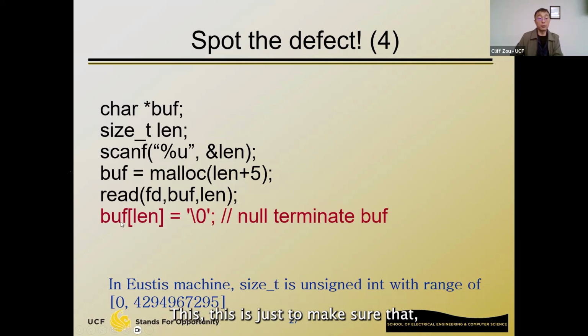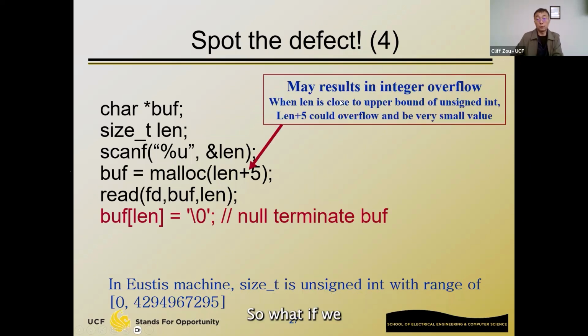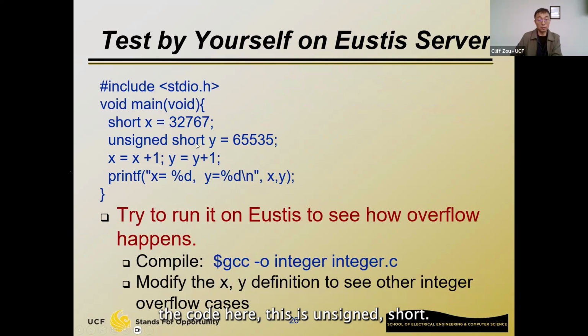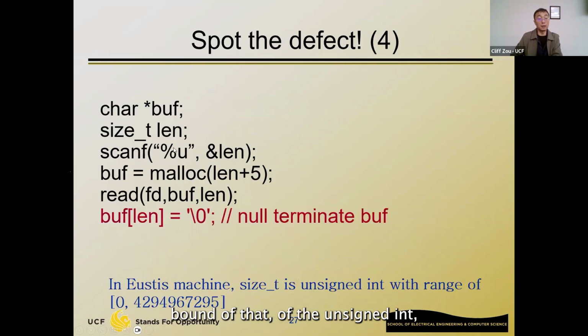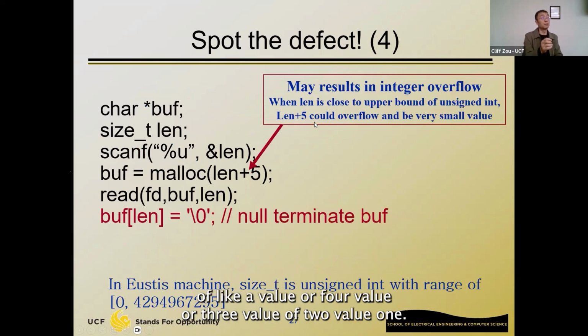This is just to make sure that after you read in input, you make it null terminated. So what if the user input length is close to the upper bound, just like the code here? This is unsigned short. So if the user input is close to the upper bound of the unsigned int, then this +5 could become a very small value, like 4, 3, 2, 1.